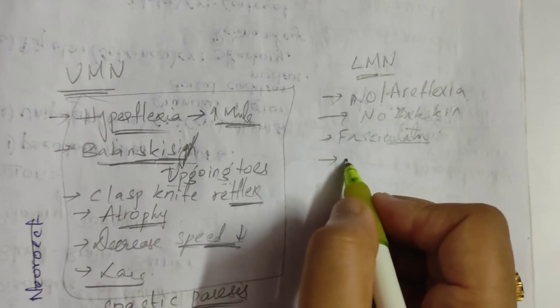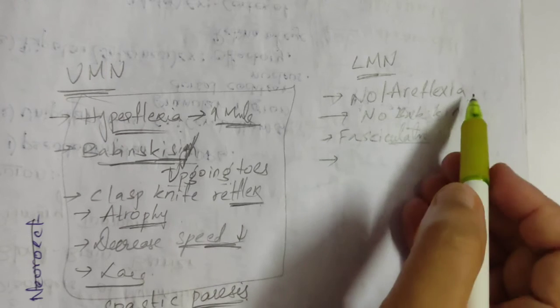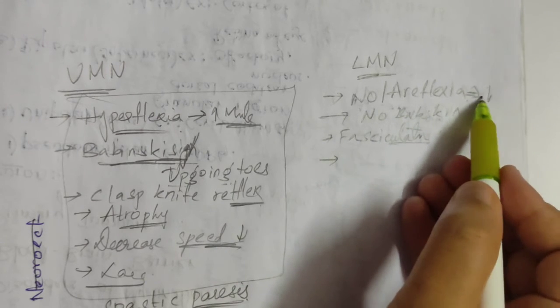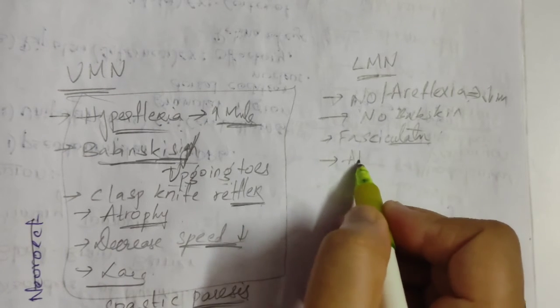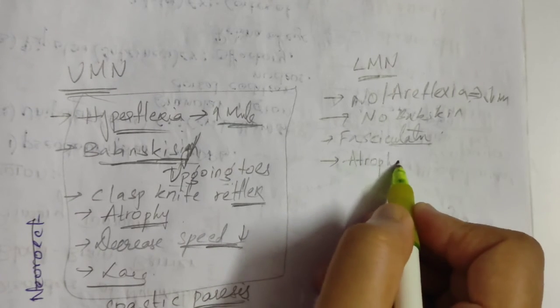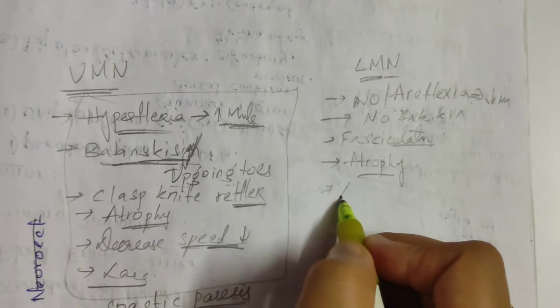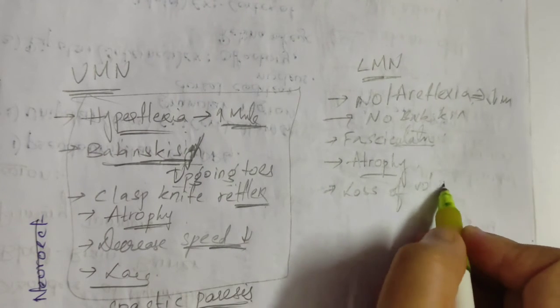Since there are no reflexes, there is low muscle tone, and atrophy of muscle takes place. Loss of voluntary movements is present, and a small area of the body is affected. These are all the classic signs of flaccid paralysis.